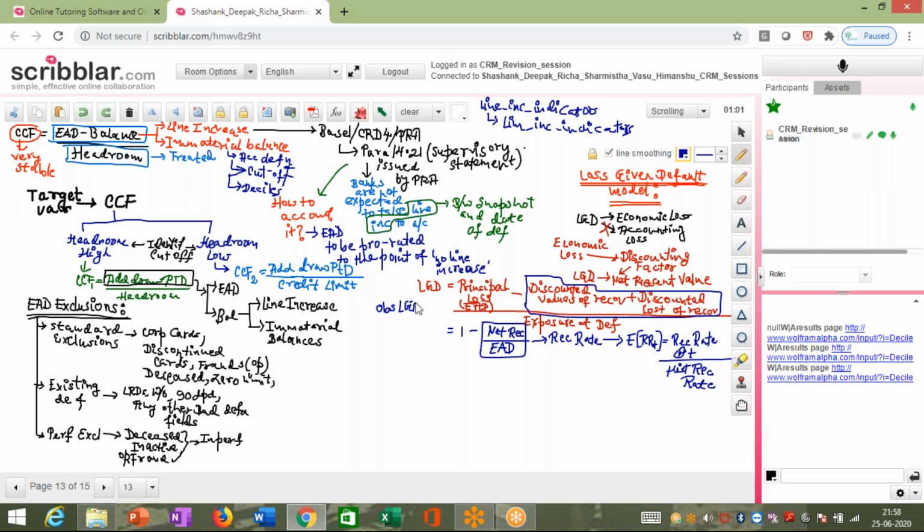Now, what other conclusions can we come to from here? This is a target variable, and it lies between 0 and 1.